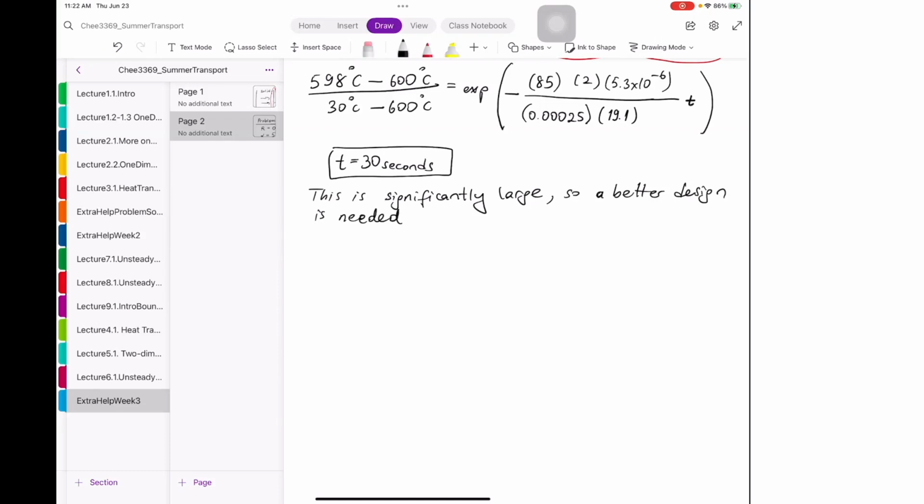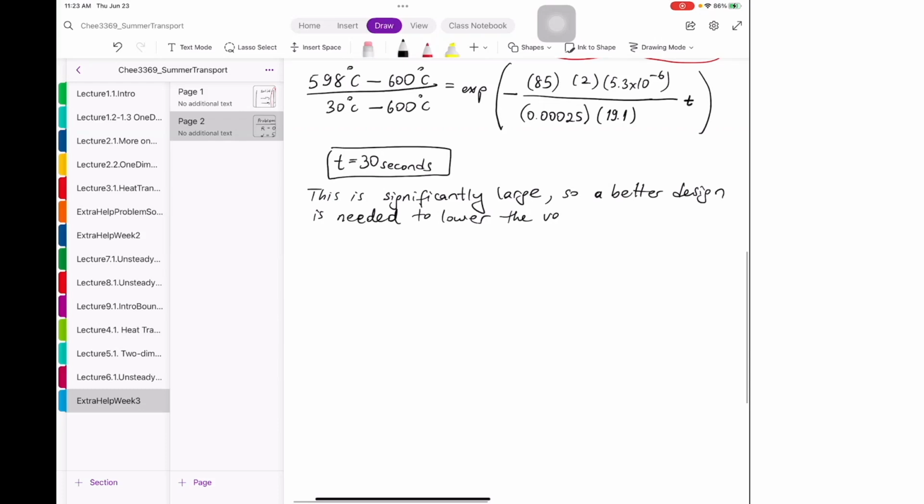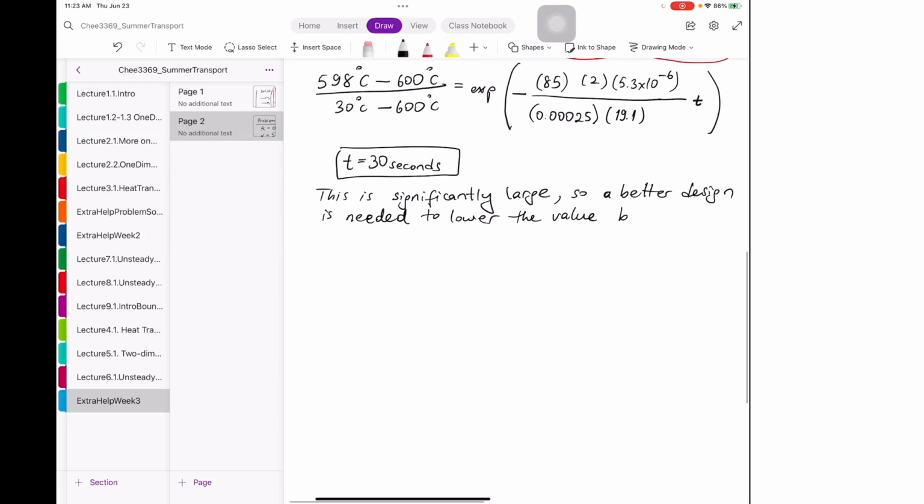So this is where chemical engineers do the task, right? To lower the value, by, for instance, reducing the heat capacity.